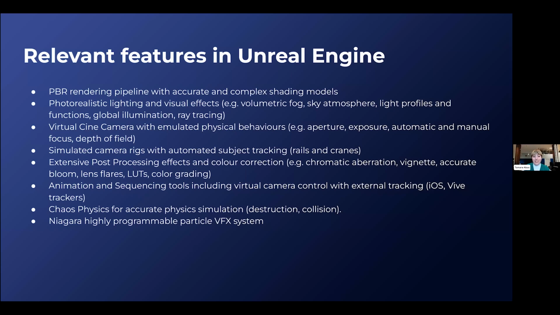Animation and sequencing tools include virtual camera control with external tracking, such as iOS and Vive trackers. Chaos physics for accurate physics simulation, such as destruction and collision. And finally, Niagara, a highly programmable particle VFX system, which is super cool.